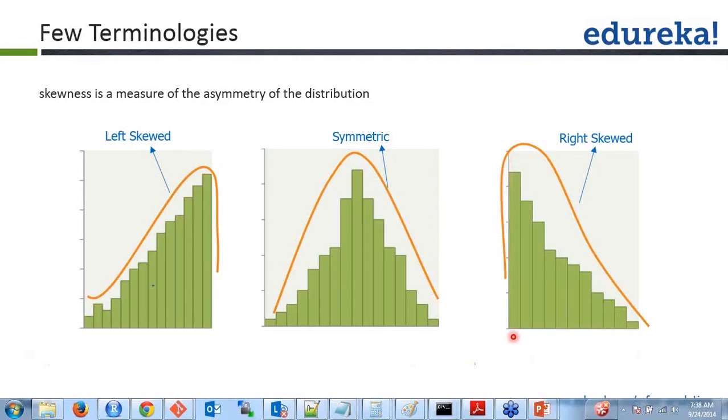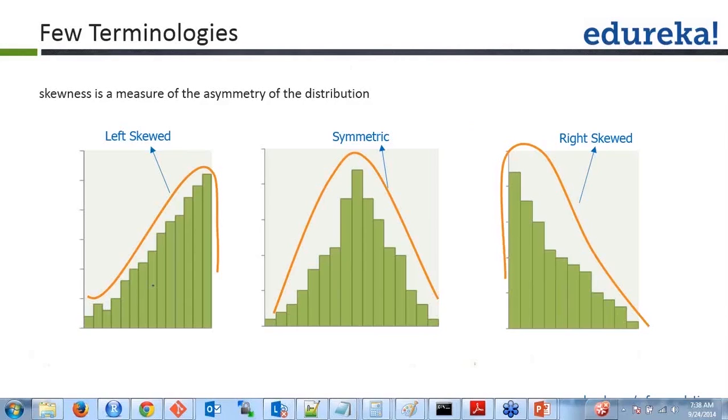Because this is income, right? There are many people with less income, and there are very few people who have got a lot of income. So this distribution is called a right skewed distribution.